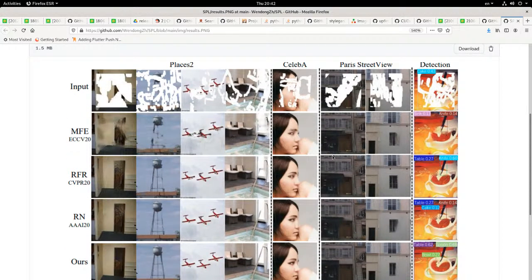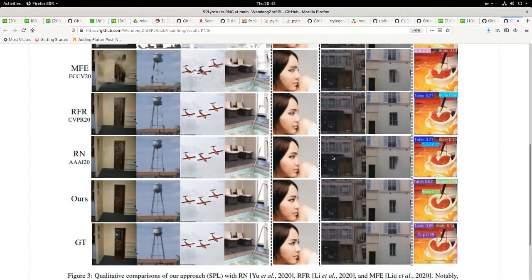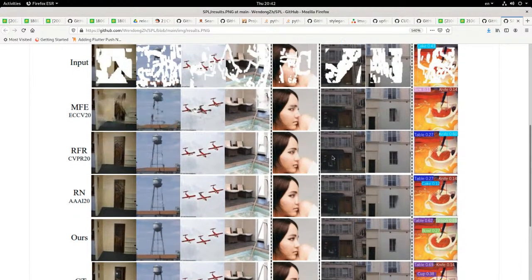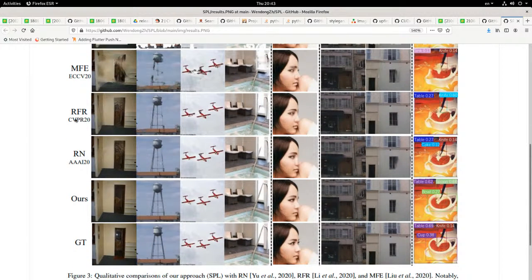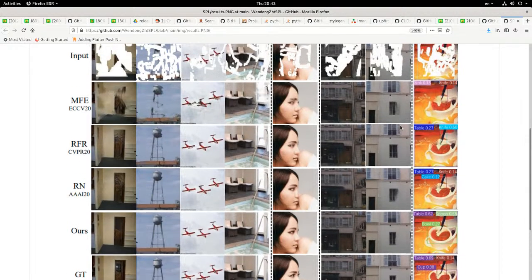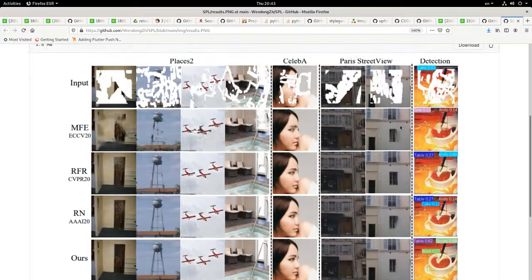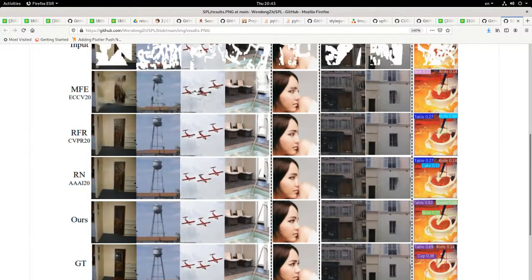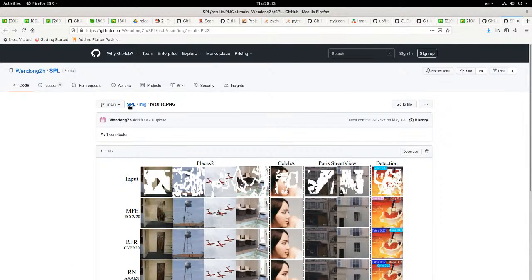This is fascinating. Oh wow, RFR is pretty solid in this particular case. Interesting. I would be super interested in trying this out.